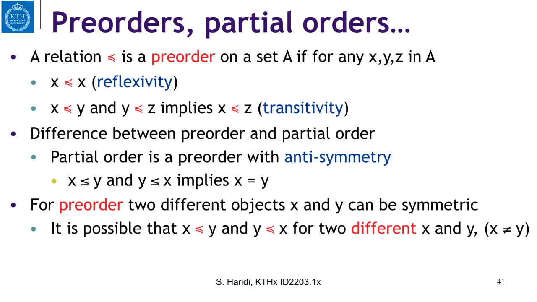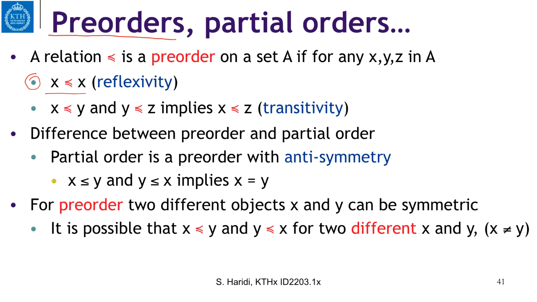To study the reducibility relationship, let us first define what is a preorder. And it happens that reducibility is a preorder relation. A preorder is a binary relation on a set if the elements of the set satisfy the following properties. x is less or equal itself, that is reflexivity.